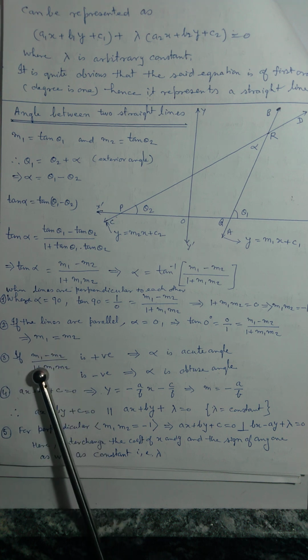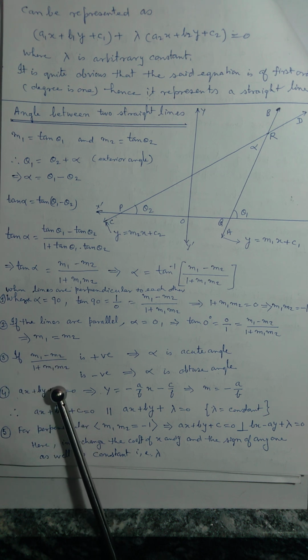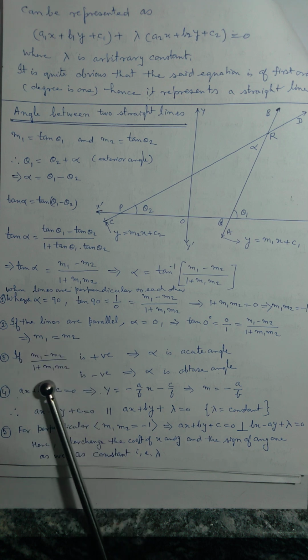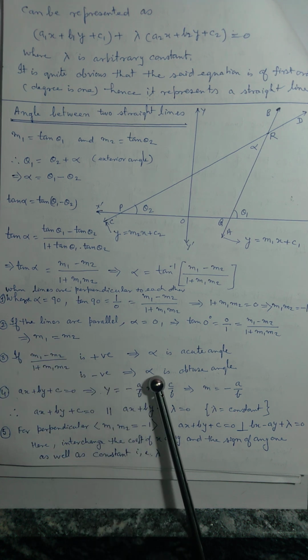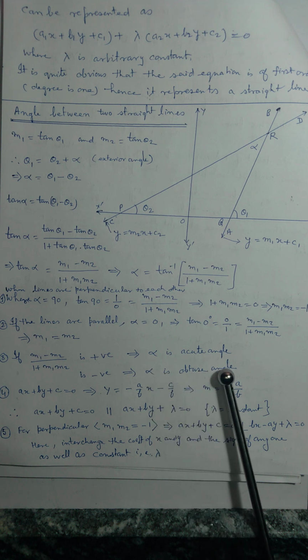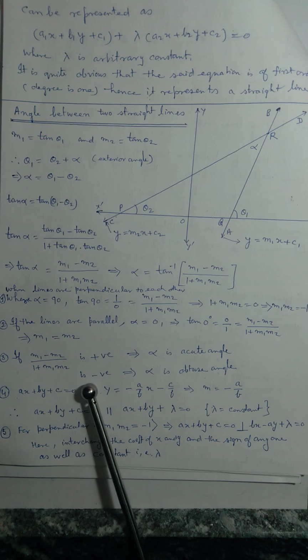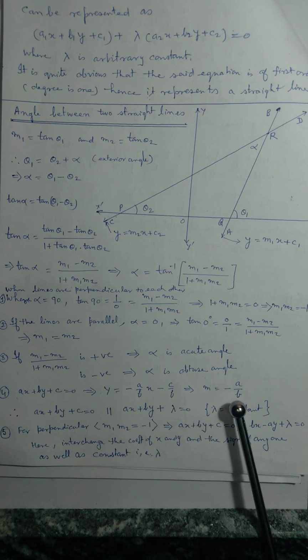If (m1 minus m2) upon (1 plus m1 m2) is positive, at that time alpha is an acute angle. When it is negative, alpha will be an obtuse angle.